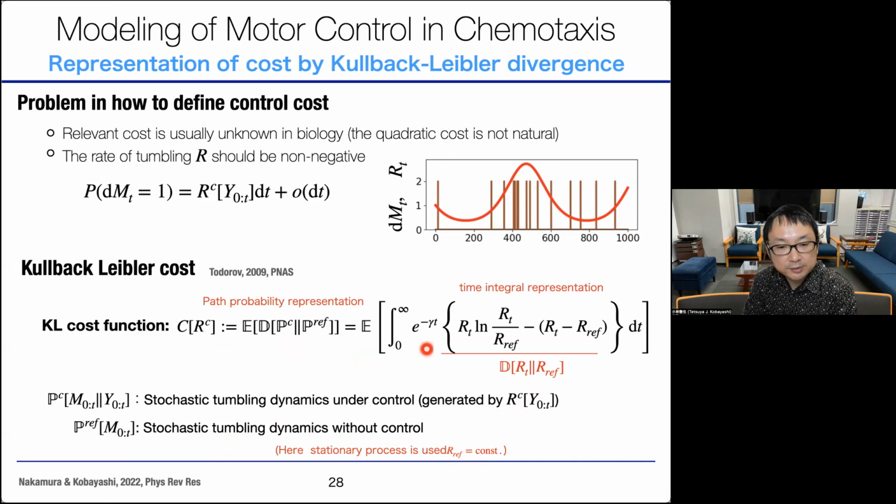By employing the Kullback-Leibler cost, we can have a very nice representation of the instantaneous cost for control as a function of R at time t. This functional form automatically guarantees that R is always non-negative.